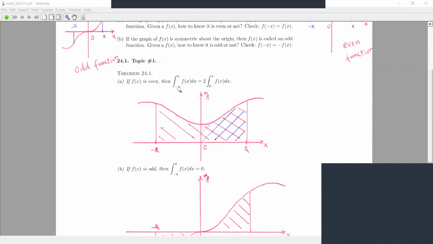Integral from negative a to a is the net area of the region between the graph of the function and the x-axis. Integral from 0 to a is the net area of the region between 0 and a and between the graph of the function and the x-axis.